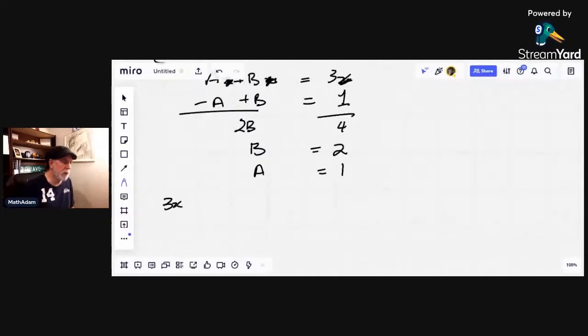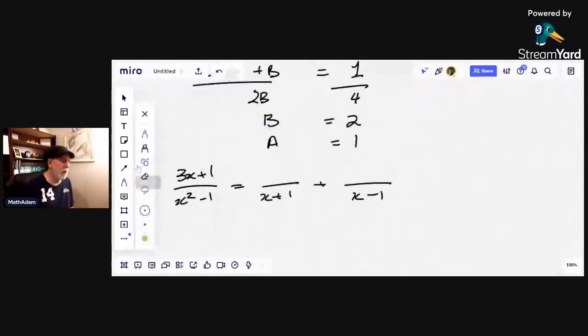So we've got (3x + 1)/(x² - 1) equals a over x plus 1 plus b over x minus 1. Replace a and b with their appropriate values. So we got 1 over x plus 1, and then b is 2.